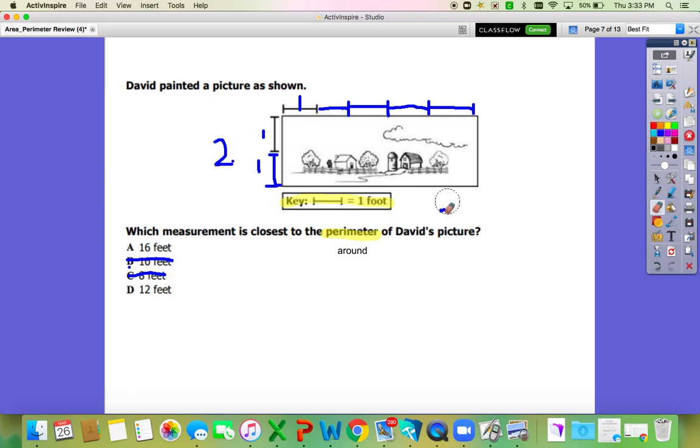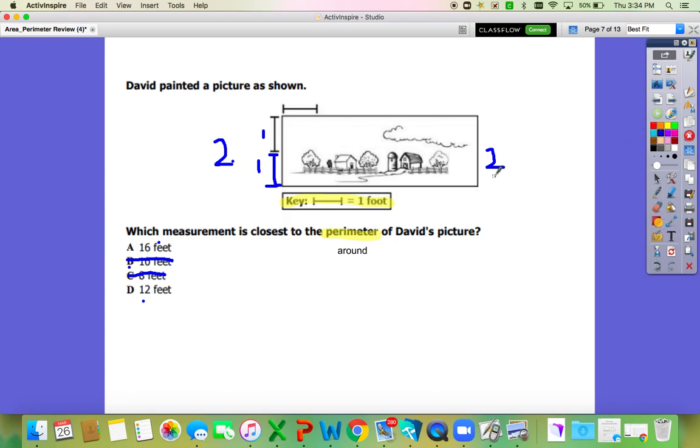Let's try this again. I know that these are 2 here, 2 and 2. Let's take off some of my tops here. Let me try my top again. I'm left with 2 answer choices. I'm left with 12 and 16. Well, let's see.